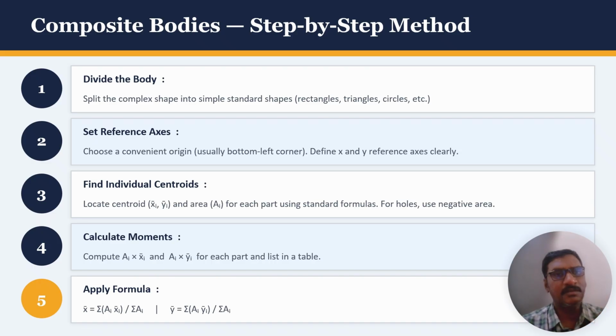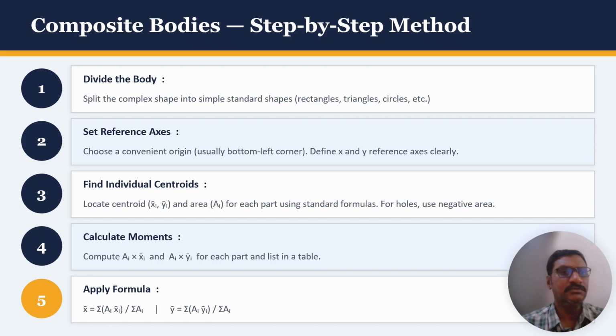This is where the composite body method becomes your most powerful tool. This method is based on a simple but powerful idea. Any complex shape can be built up from or subtracted from a combination of simple standard shapes whose centroids we already know. Once we have the individual centroids, we use the weighted average formula to find the overall centroid.